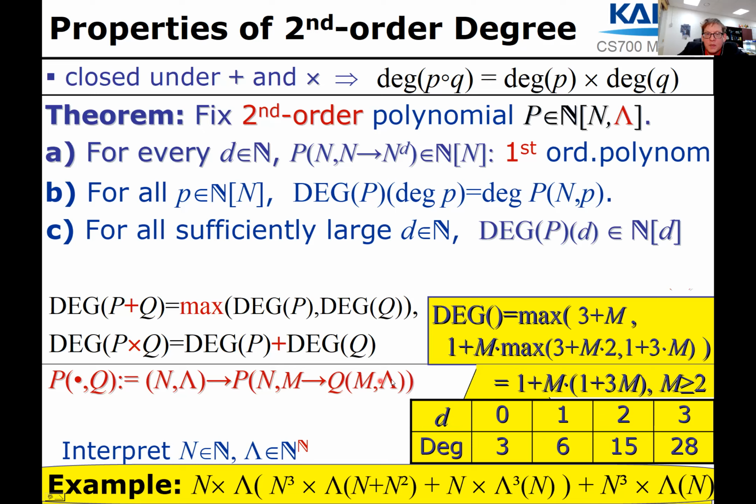You see that here. This is a natural number, and it returns the value of the second order polynomial on this first order argument and the tentatively fixed second order argument lambda here, and returns a natural number. So this is a function from natural numbers to natural numbers. That's one thing.